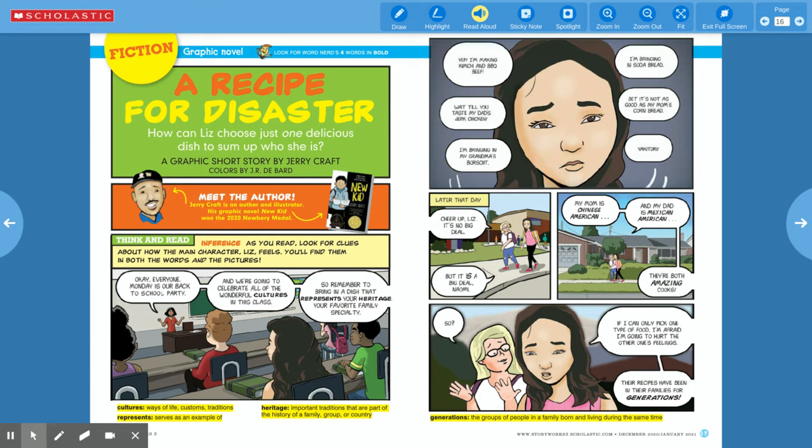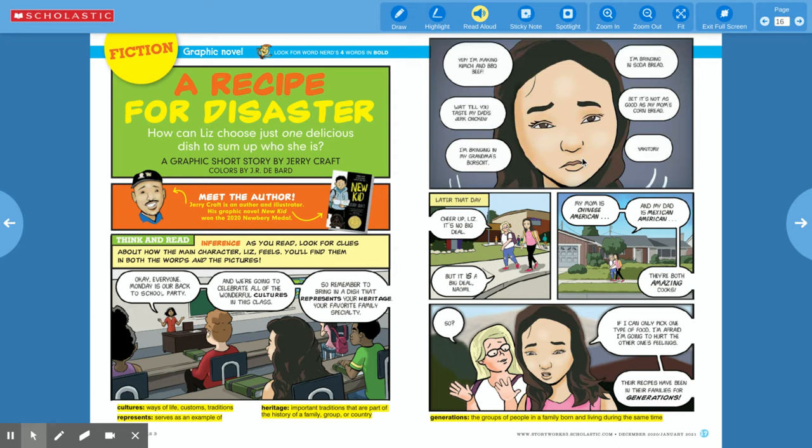So maybe it's, like my mom makes really good stuffing at Thanksgiving, and that's her thing, and no one else ever makes it because hers is so good. Okay, so that's probably what she would choose. So it looks like the class is all going to have to bring something in from their family heritage, some kind of food. Okay, so here on this panel, we've got Liz.